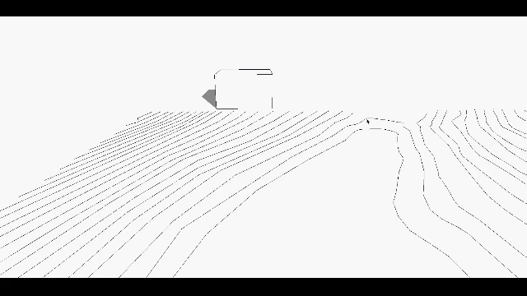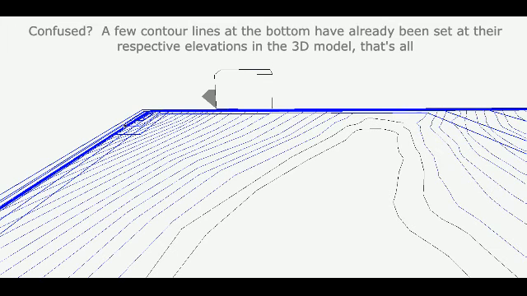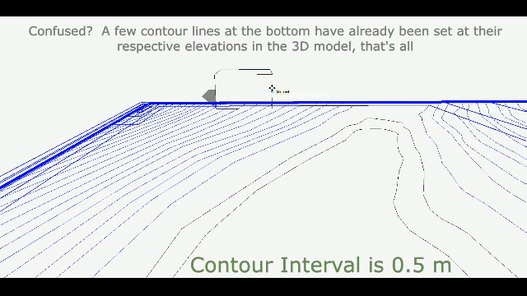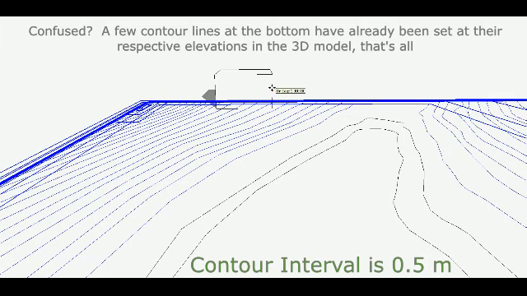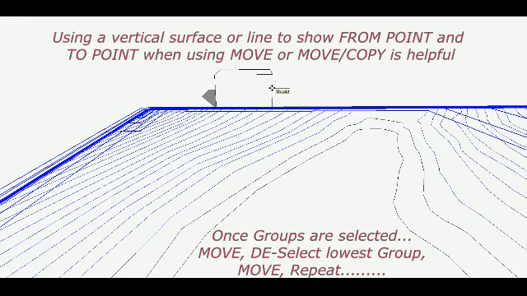So it might be a little hard to see right now, but this is lower than this, is lower than this, but these are all at the same height. So I'm going to select all of these with a crossing window, and I'm going to move them up. My little box here shows me that I can work on that. 0.5 of a meter. And then I'm going to get rid of one.